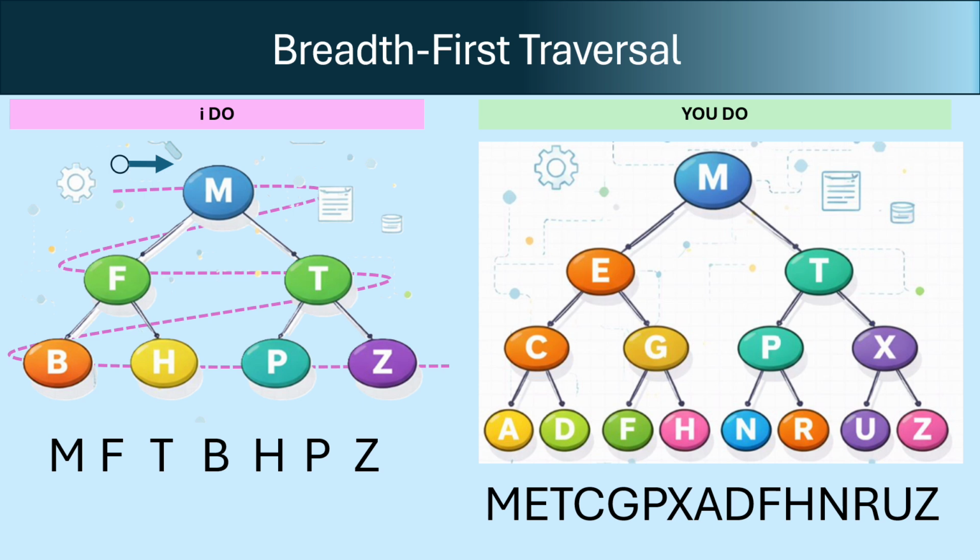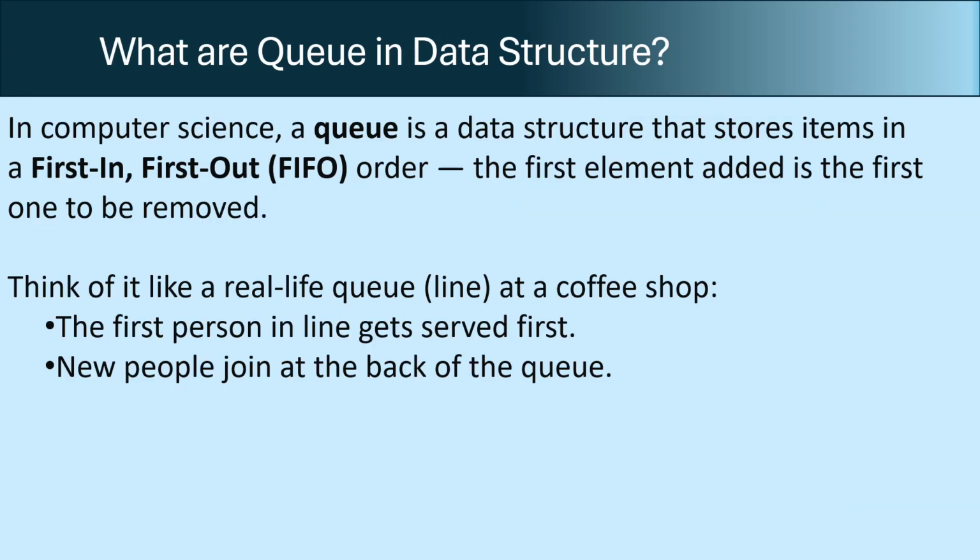The first keyword we need to really look at is the word queue. In computer science, a queue is a data structure that stores items in first in, first out order. So the first element is added and it is the first one to be removed. Think of it like a queue. If you are in a queue, then the first person in the line should get served first.